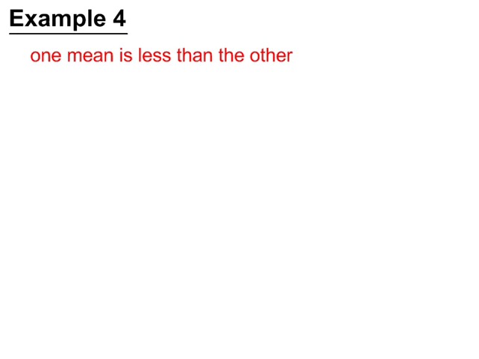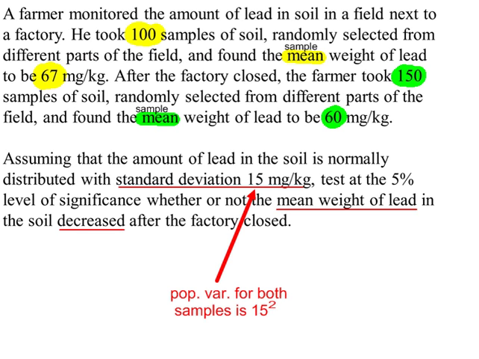Example 4, where one mean is less than the other. So our first sample is of size 100, and the sample mean is 67. The second sample is of size 150, and the sample mean is 60. Both samples come from populations that have a standard deviation of 15, so this value needs to be squared.